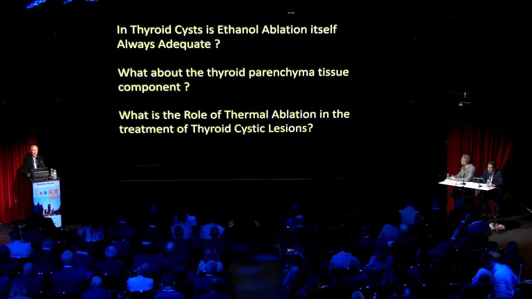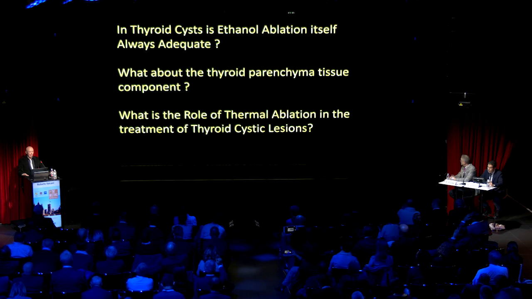So eventually, after a few years, ethanol injection was adopted by many doctors, by many endocrinologists or interventional radiologists. I don't believe by many surgeons. Again, asymptomatic cystic nodules may be followed conservatively.